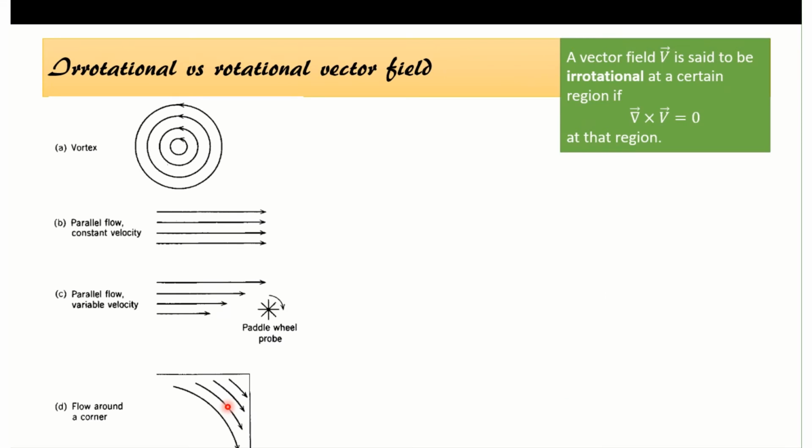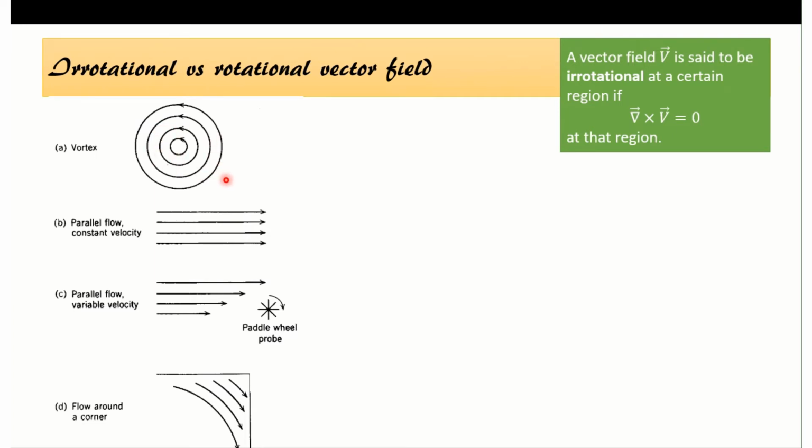Here I borrow a picture from the book by Boas, Mathematical Methods in the Physical Sciences, and this shows you very nice examples of a vector field that is rotating and not rotating. In this first example, which is A, this is a vortex, and you have a field that is turning on this plane.